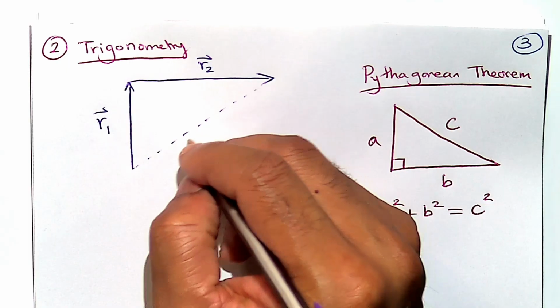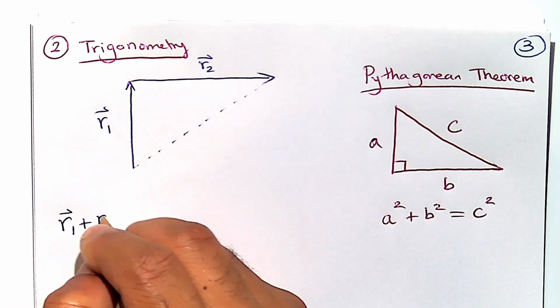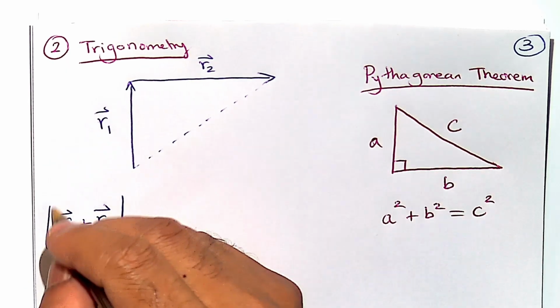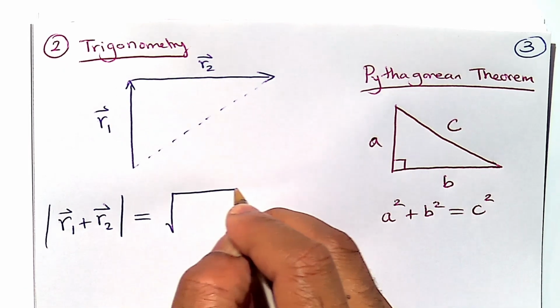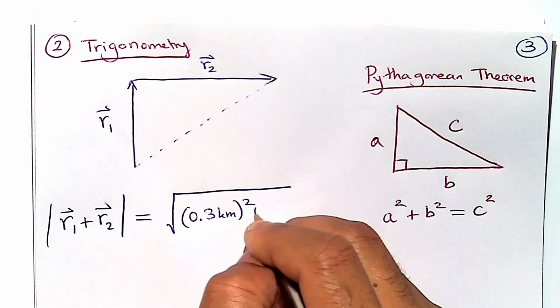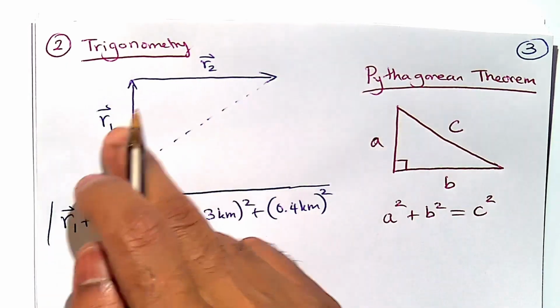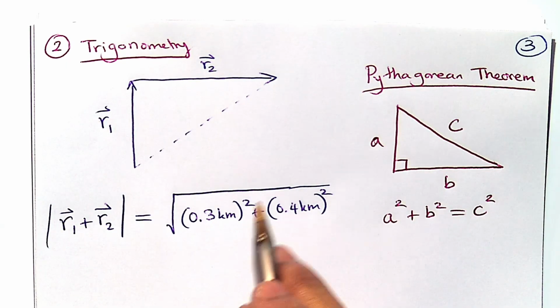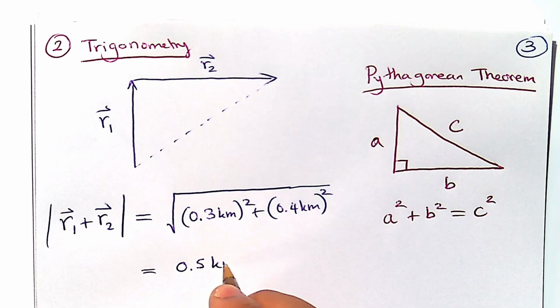If you were to find this part, you can say that R1 plus R2, the magnitude of it, the two bars mean magnitude, is equal to the square root of 0.3 kilometers squared plus 0.4 kilometers squared, the numbers of the two sides of the right triangle, and you take the square root to find C, and you can say 0.5 kilometers.